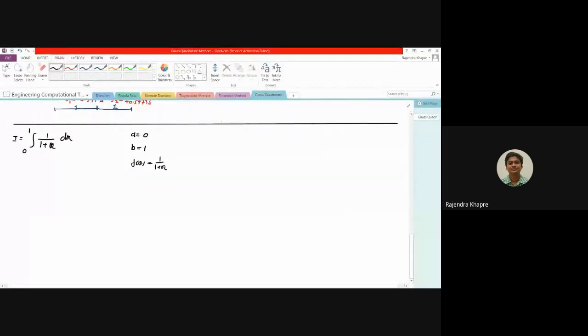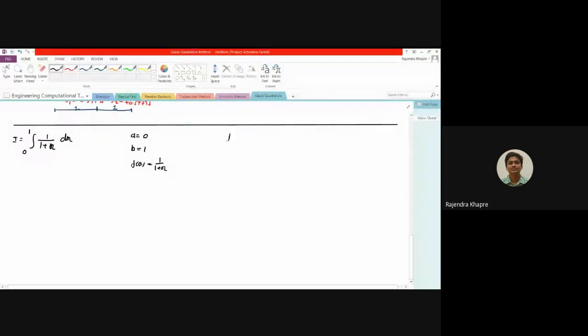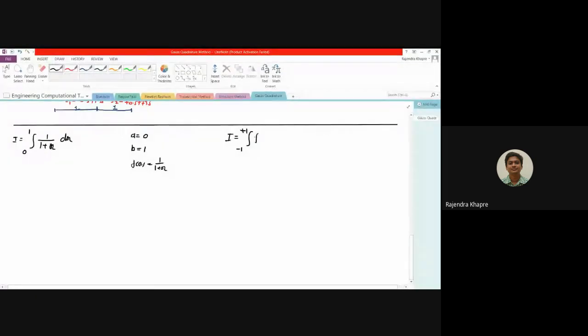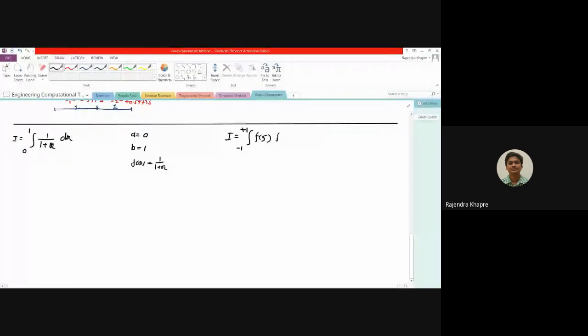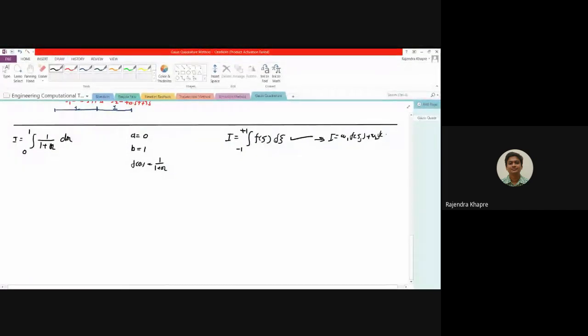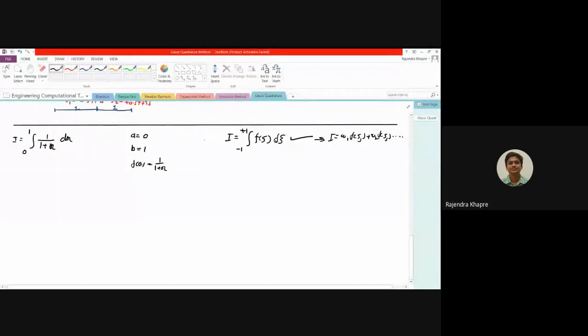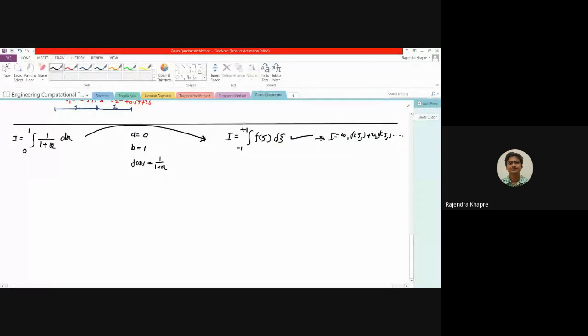But whatever you have seen till now in the Gauss quadrature method, the integration from -1 to +1 of f of xi into d xi is known to us. So it can be calculated as I equals w1 f of xi1 plus w2 f of xi2 and so on. So there is a great difference between the actual problem and the solution available with us.